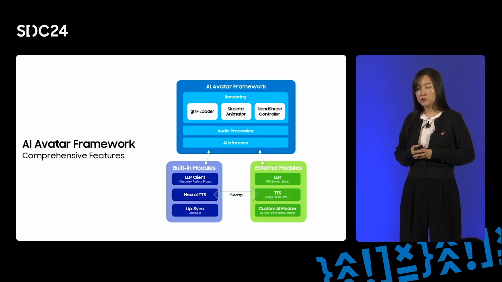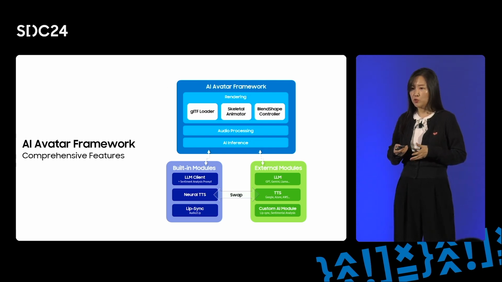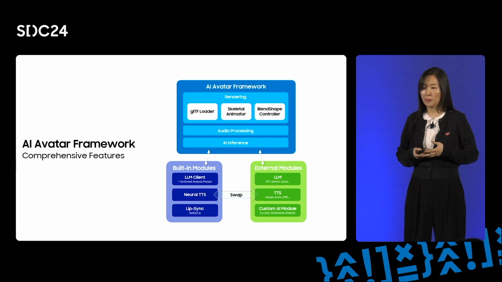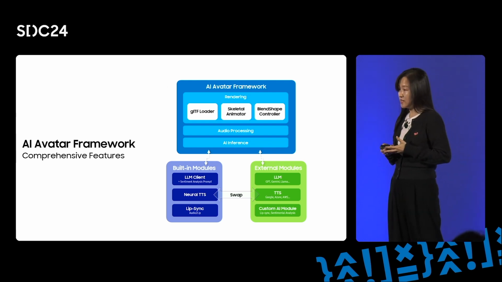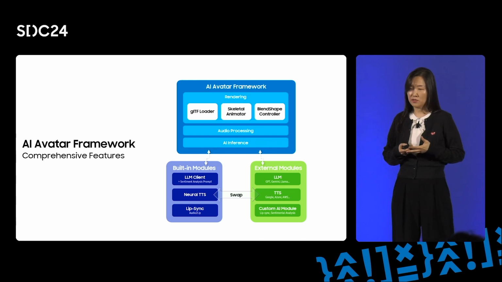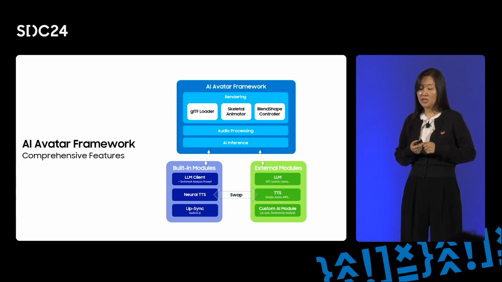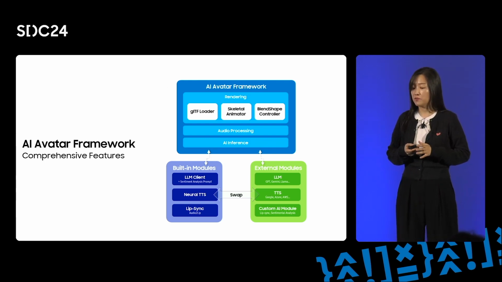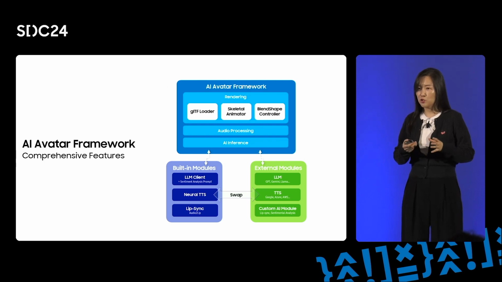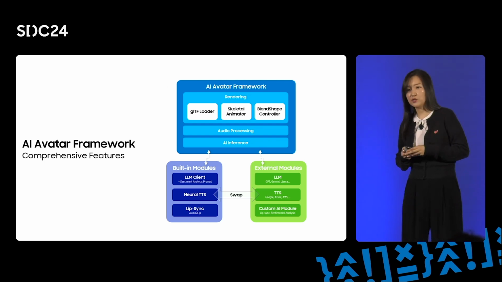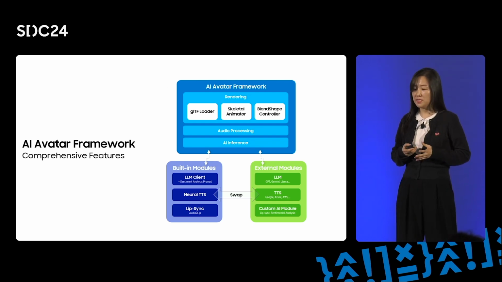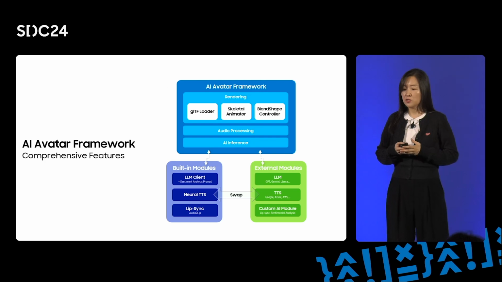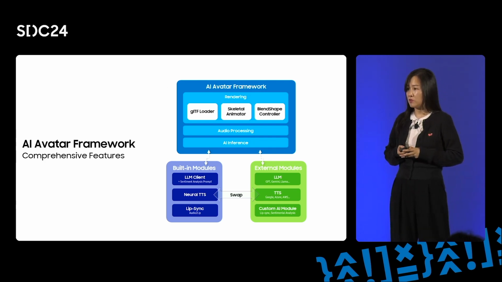This framework includes a range of features to bring your avatar to life, such as 3D character rendering, multilingual TTS, and lip sync animation. Additionally, it offers a flexible interface that allows you to replace the built-in AI solutions with external ones. This flexibility expands the capability of AI avatars to suit diverse environments and requirements.